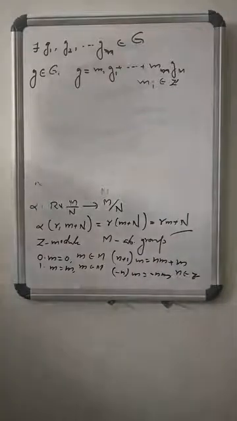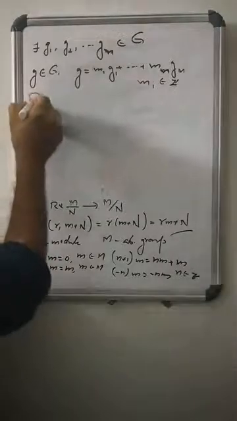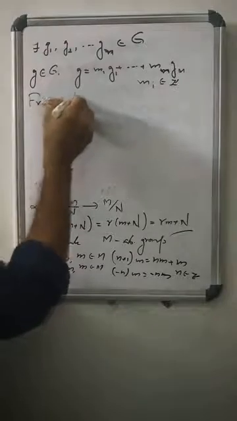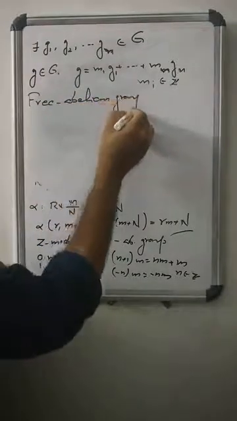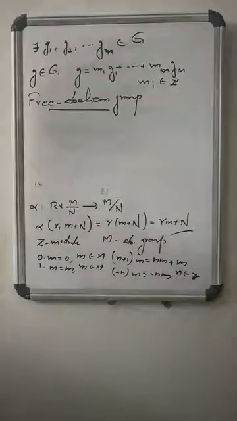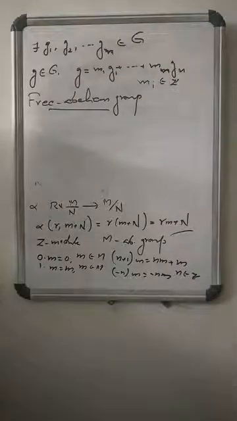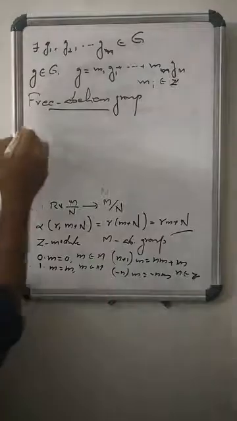Now, what is a free abelian group? A free abelian group means an abelian group with a basis of n elements, called a free abelian group of rank n.